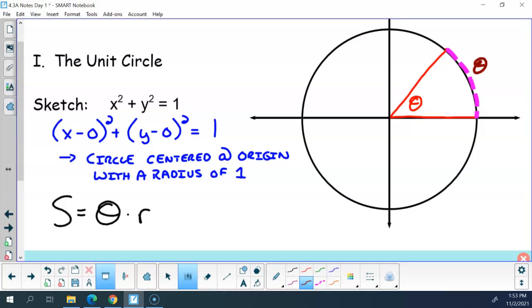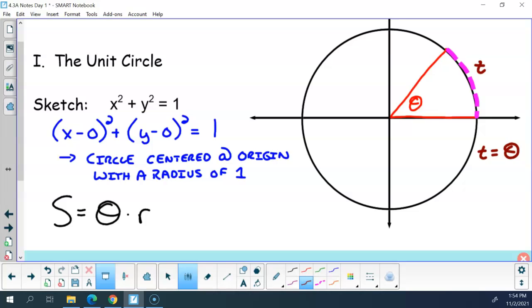Or, more importantly, we call this t. So t would equal theta. So if you went 2 radians in terms of your central angle, your arc length would be 2 units long.